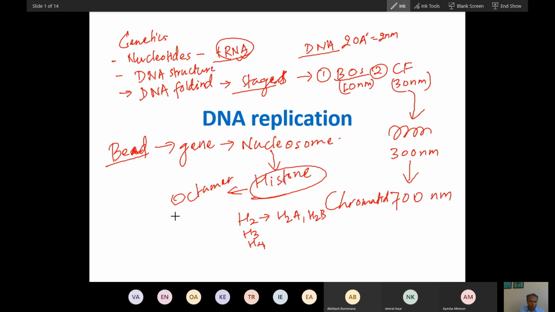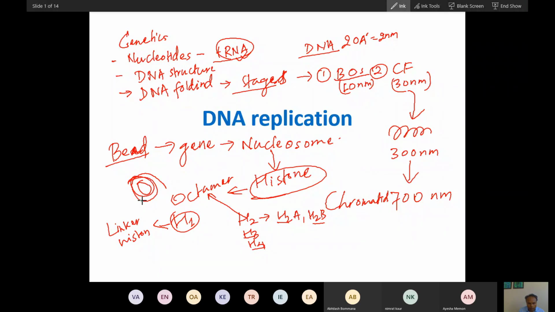And I did not talk about H1 because H1 is also present there. H1 is called linker histone. So these 4 histones, H2A, H2B, H3 and H4, will form an octamer. And on that octamer, this chromatin will be folded. This is why it is called bead on string structure.